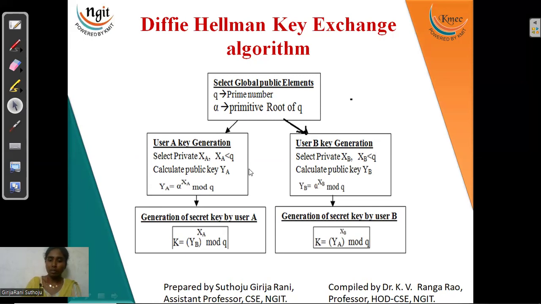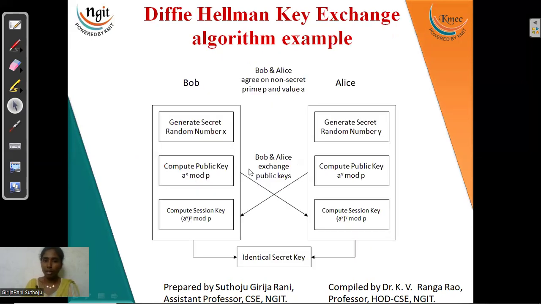Next, let us move to the procedure. Here, Bob and Alice are the two communication partners. As per the algorithm which we have just discussed, generate a secret number at both sides, that is XA and XB, right?